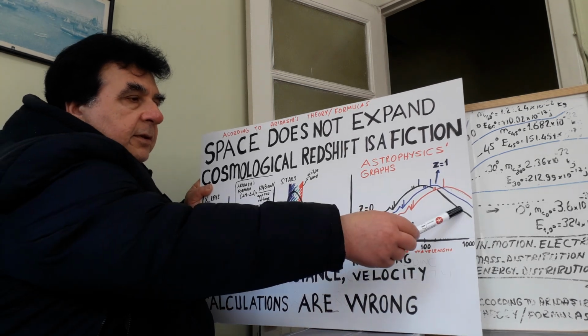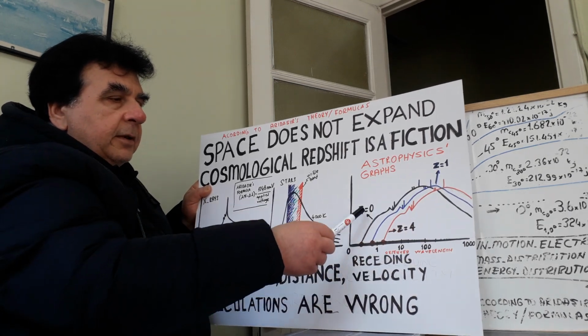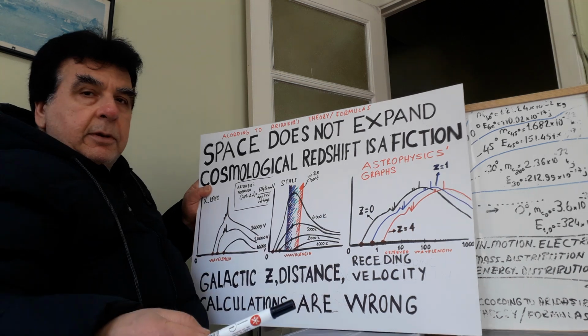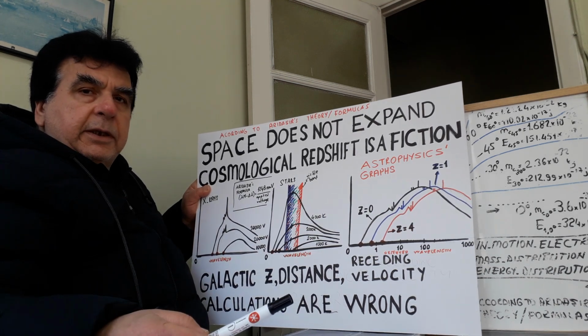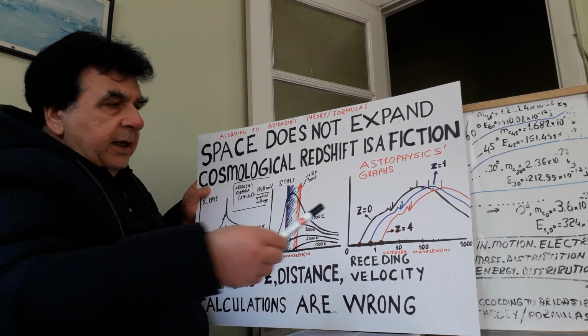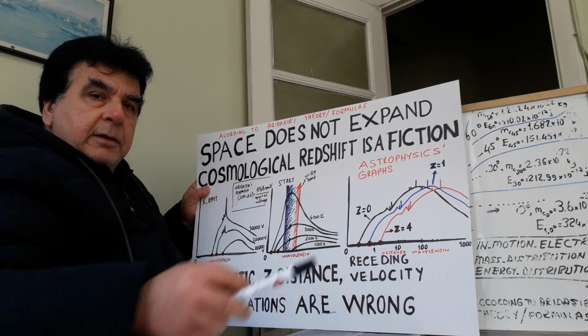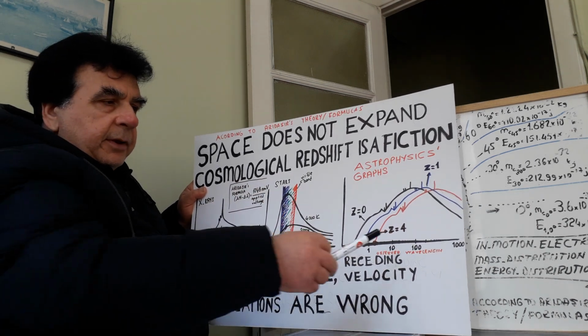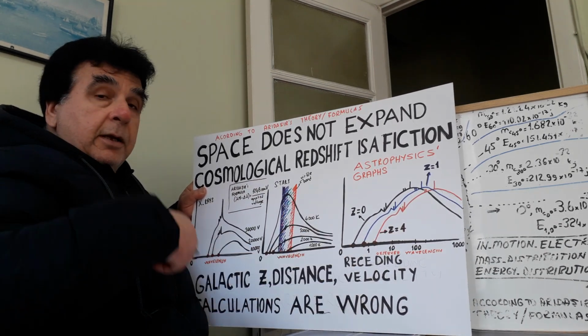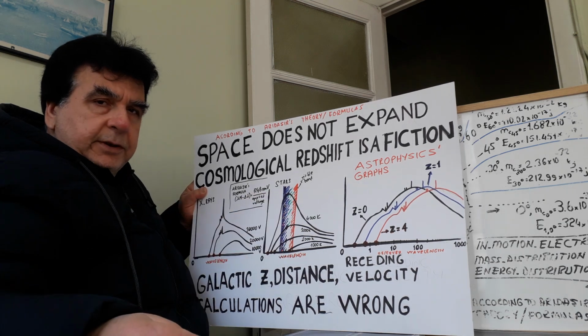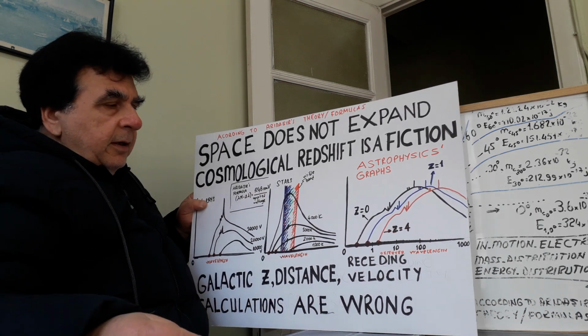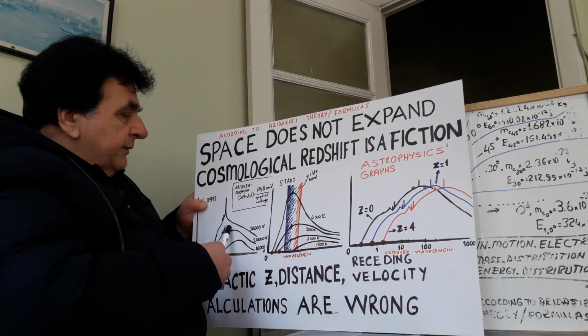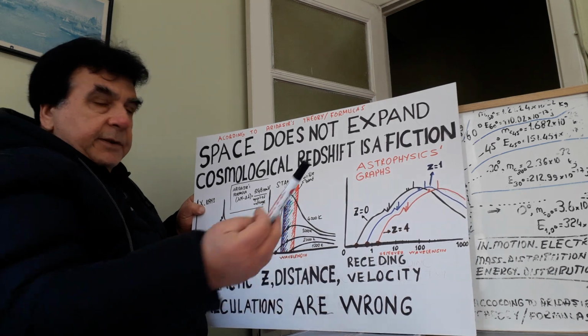This black graph, Z equals 0, is relatively at rest, not expanding background. Here Z equal to 4 has greatest velocity, and here left side for X-rays, for stars.